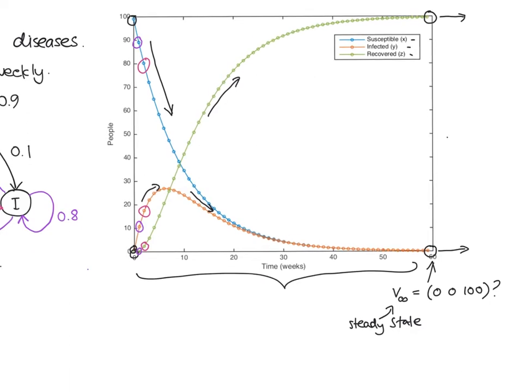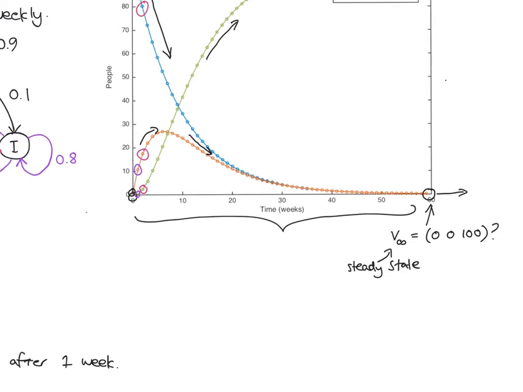Well, the key thing to notice about this, that the whole point about being in a steady state is that it doesn't change. So that tells me that if I'm in my steady state and I look 1 week later, so I multiply by my transition matrix, I'm going to end up with my steady state again. Nothing's going to change.